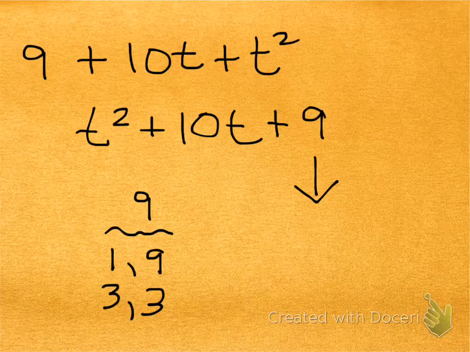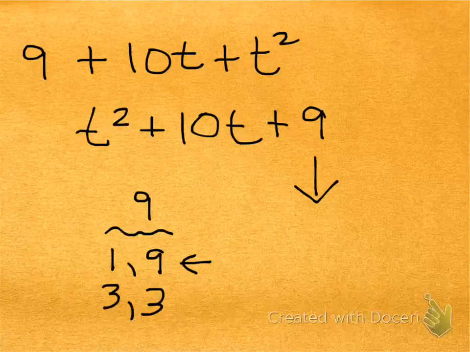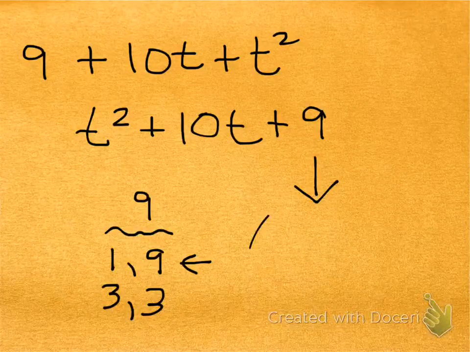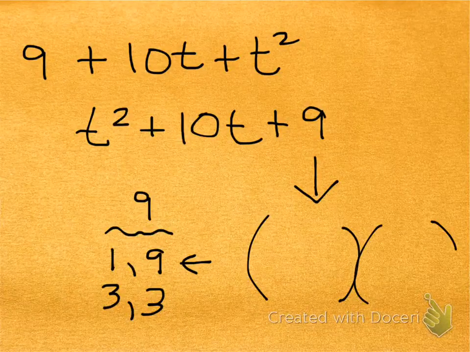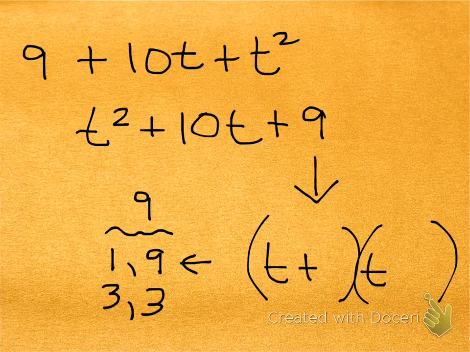The only one that gives us 10 when we add it together is 1 and 9. And we've split up our polynomial into two groups. We put our variable first, and then we have a positive 1 and a positive 9. And that would be our answer.